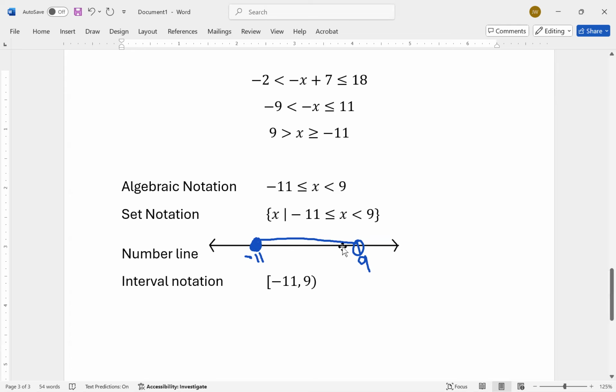So we can get all the way as close to 9 as we want, but we just can't get to 9 exactly. So that's why we have the distinction there.